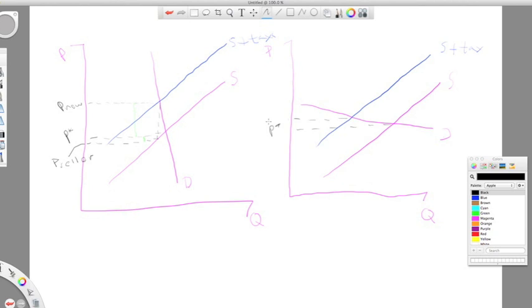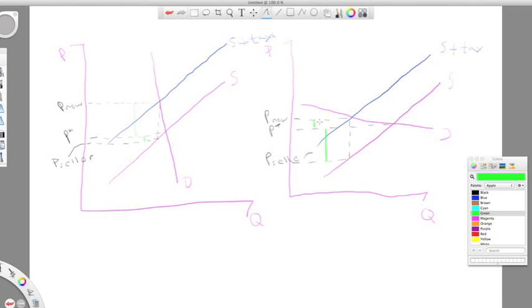That's not a big surprise, but the question is how much? And the answer here is not much, especially when we compare it to this price, which is the amount that the sellers receive. That's what we've been calling P seller. So again, here the buyer pays maybe 25%, the seller pays 75%, something like that.